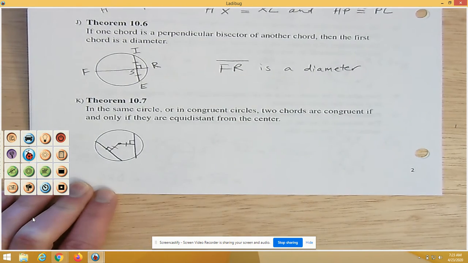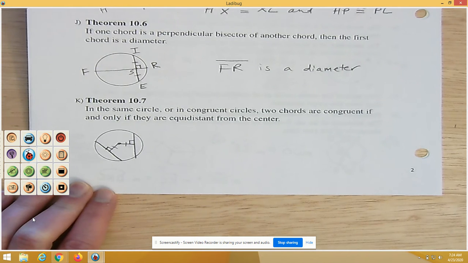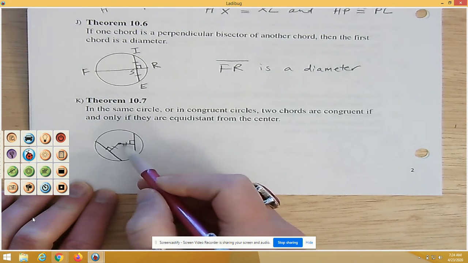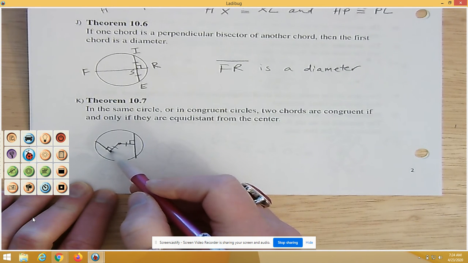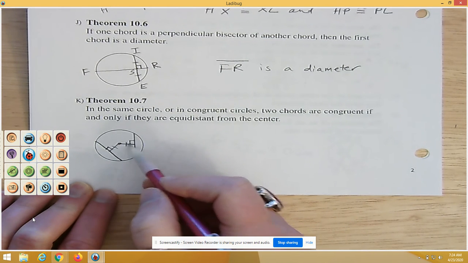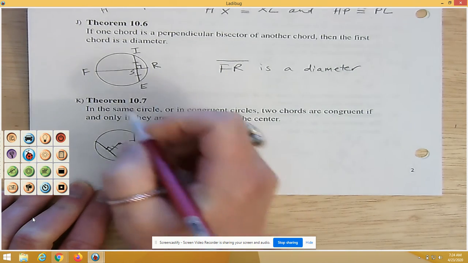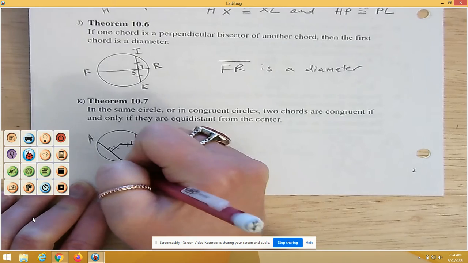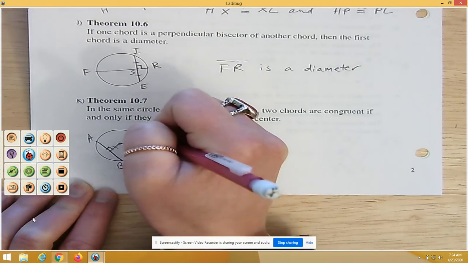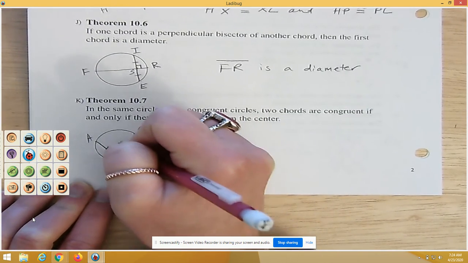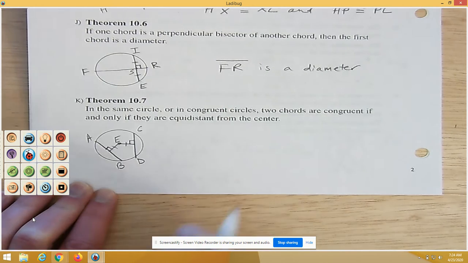So that's a really involved diagram. I drew the two chords. I drew a segment from the center down perpendicular to that chord, and another segment perpendicular to the other chord. Now I'm going to go ahead and label everything. I'm going to do A, B, C, D, E at the center.